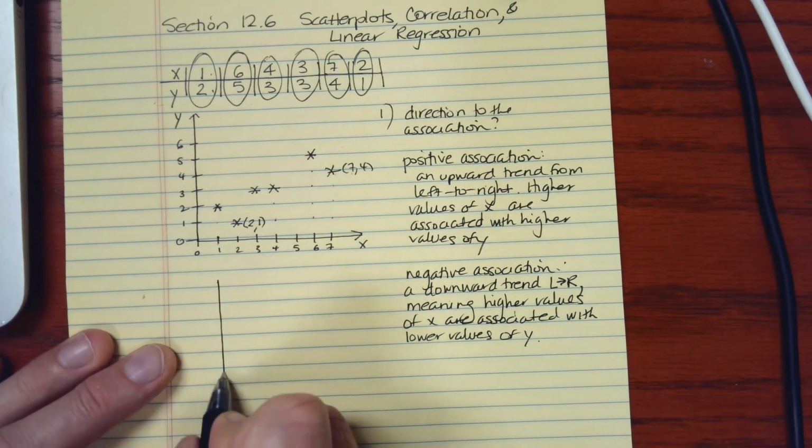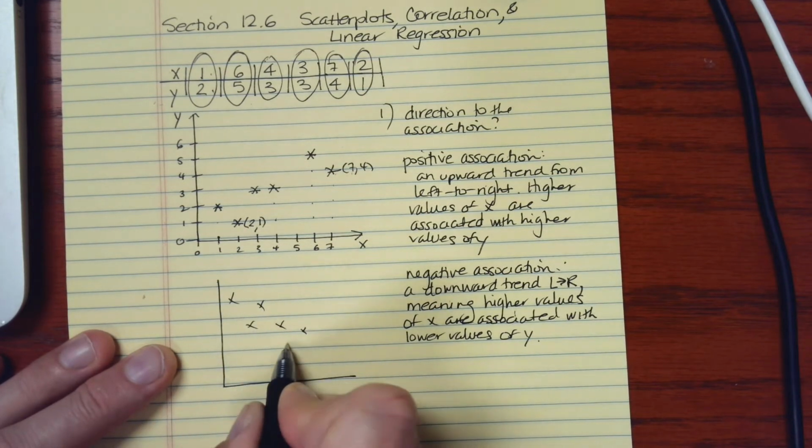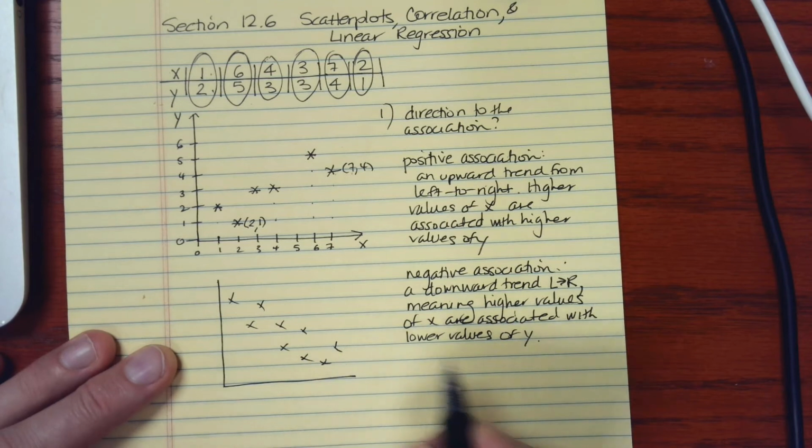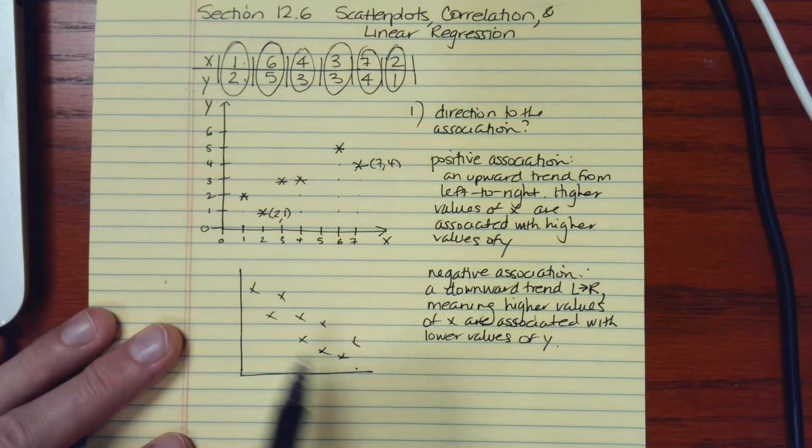So a downward trend might look something like this. So generally speaking, as we move from left to right, our scatter plot is showing this downward trend.